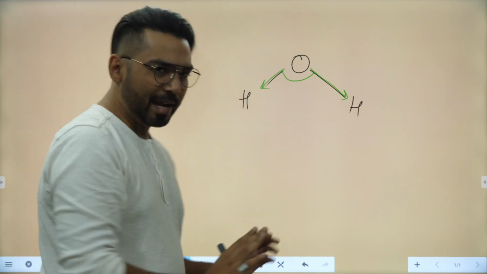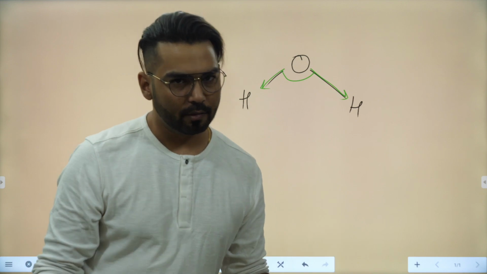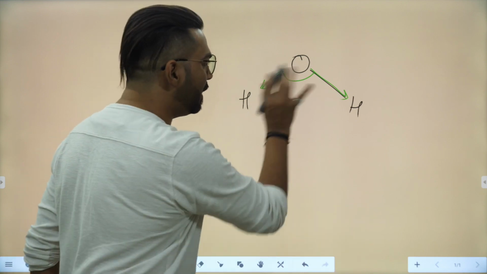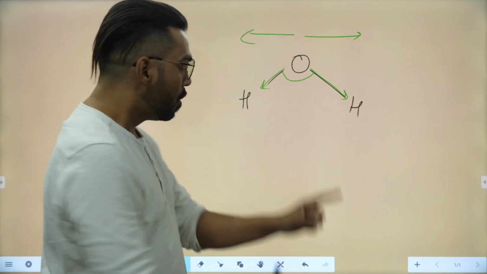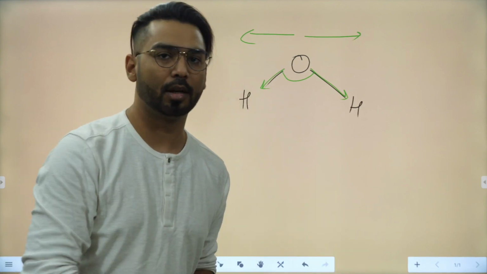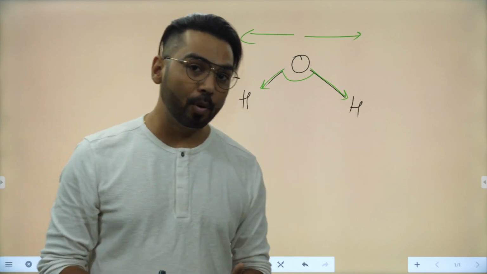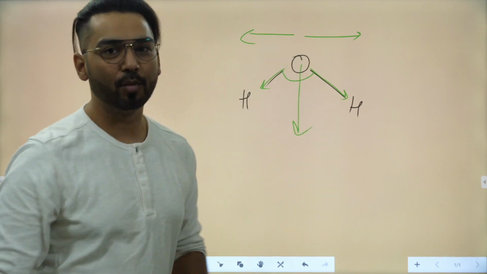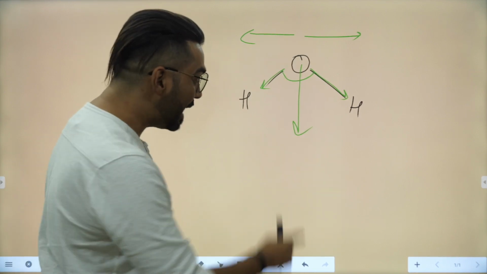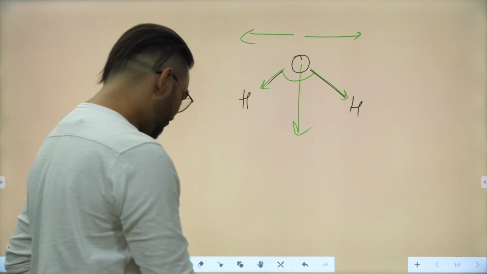This angle is definitely not 180 degrees, because if it was, then again two equal and opposite dipoles, water would be a non-polar molecule. But water is actually a polar molecule because these two dipoles will add up and give you a resultant like this. Because it has a net dipole moment, we can say that water is a polar molecule. I hope this part was clear.